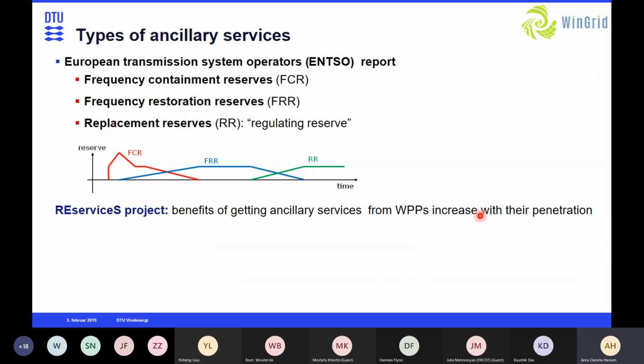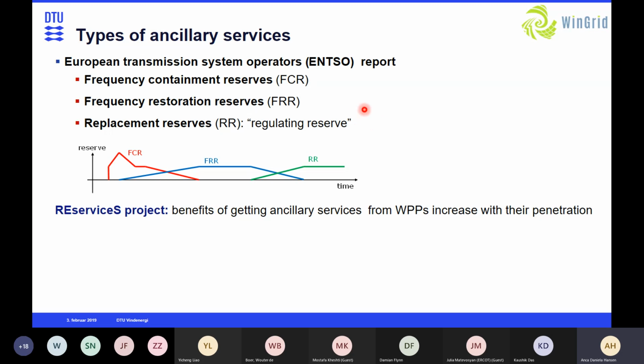And yes, you have seen this maybe before. I'll go very fast. The European Transmission System Operators report classifies reserves based on the process the reserve supports. We have the frequency containment reserve, which are operational reserves activated to contain system frequency after the occurrence of an imbalance.